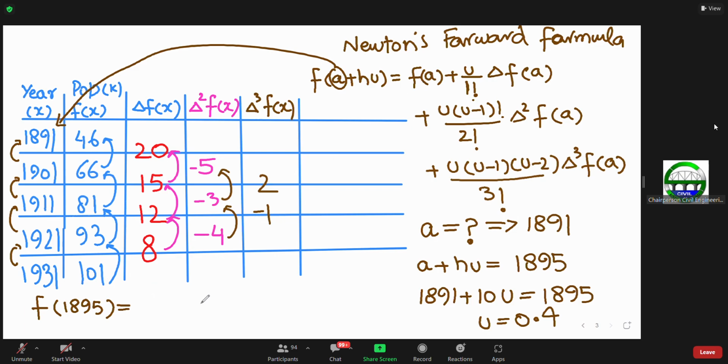Can anyone tell me f of a? 46, correct. 46 plus u, which is 0.4, divided by 1 factorial into del f of a. Can anyone tell me what is del f of a? 20.